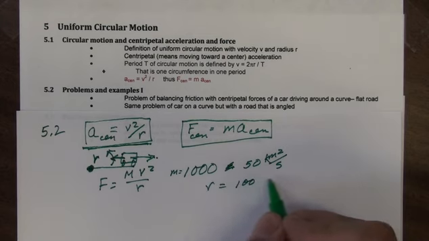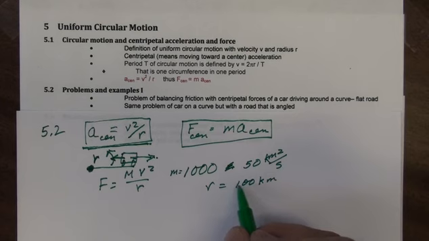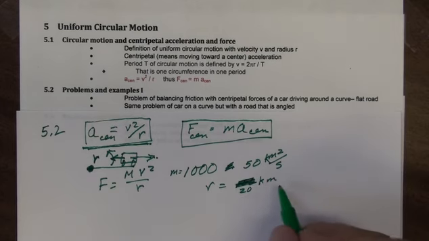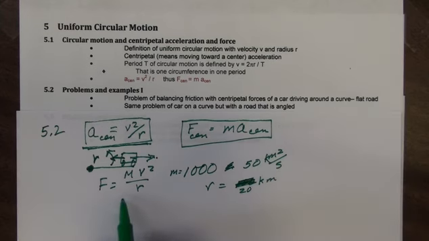Of course, that's pretty large. Maybe we ought to make it smaller than that. Let's make it 20 kilometers. That'll increase the force some. Okay, now what force would we experience?